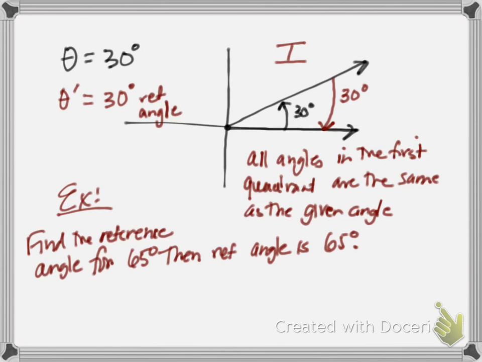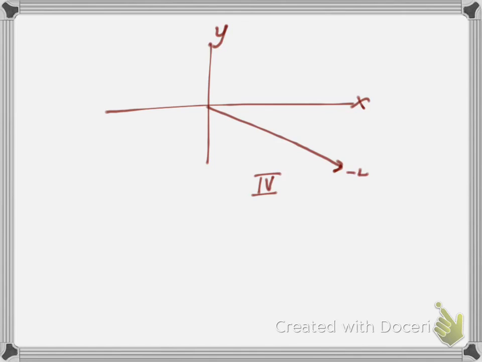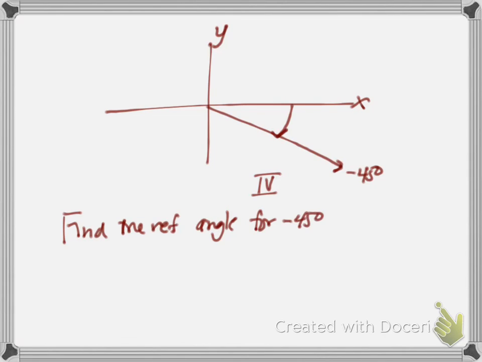Okay, and then also, let's look at the fourth quadrant for a minute. All right, so if I give you, let's say I gave you a negative angle. So if I say negative 45 degrees. So this is negative 45 degrees, and I ask you find the reference angle for negative 45 degrees.